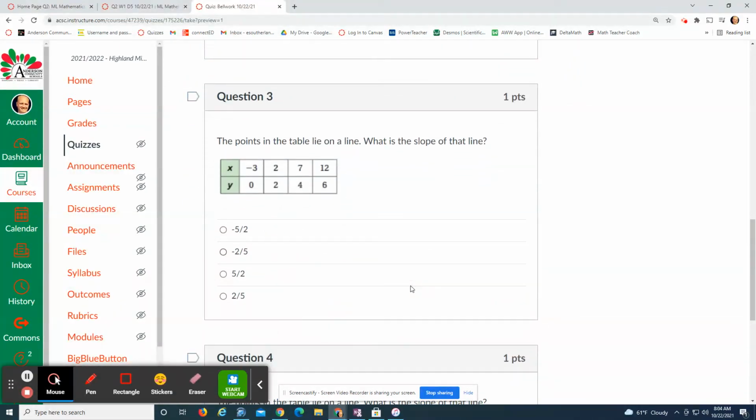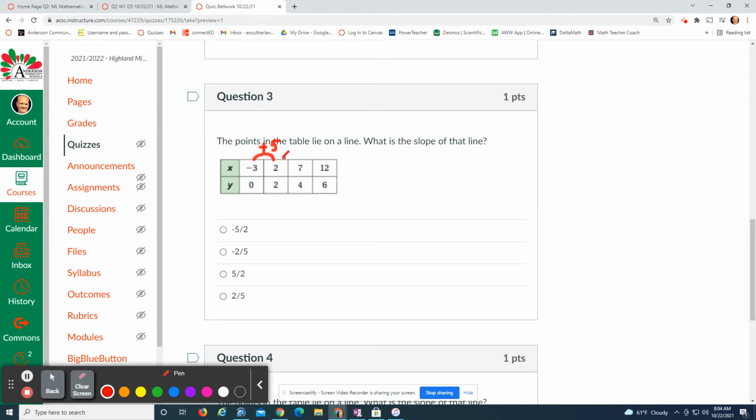Looking at question number 3, what do you got to do from here to here? Yeah, you're going to add. It's going to be add 5. Listen, if it's negatives and you're struggling there, just go to a calculator and do 2 minus negative 3.